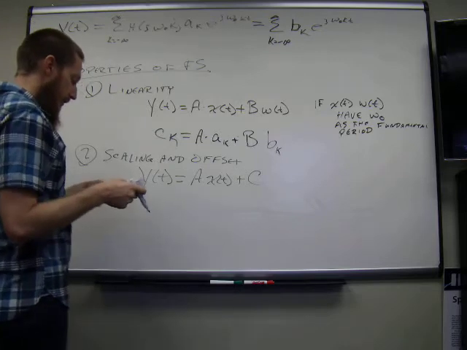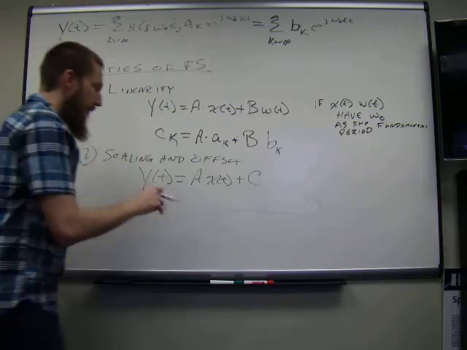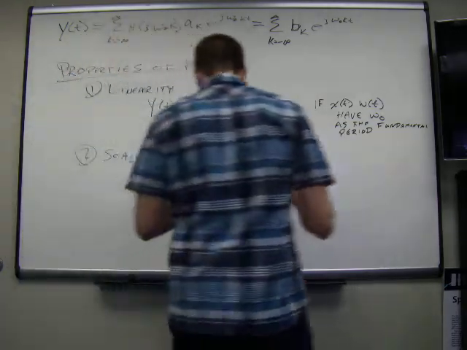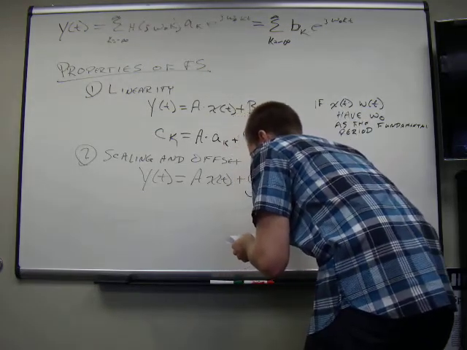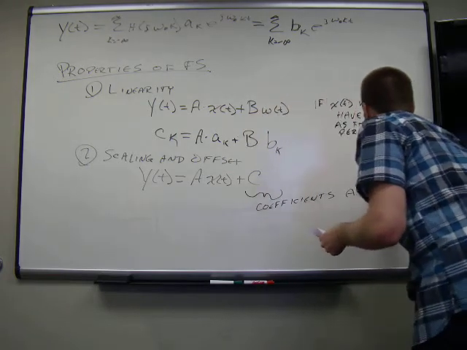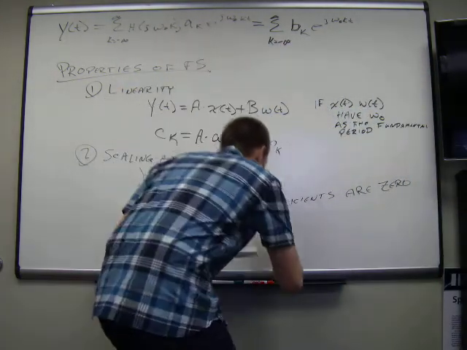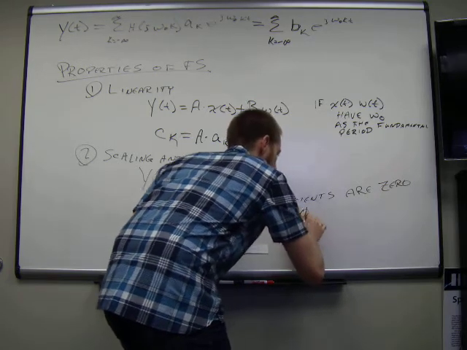So, the Fourier series coefficients are 0 for k not equal to 0.